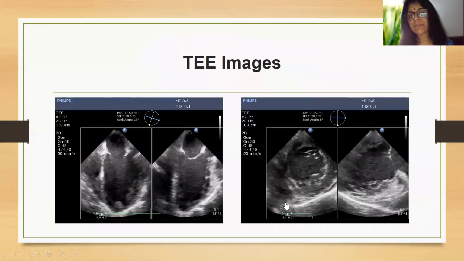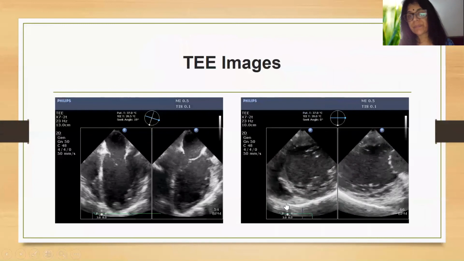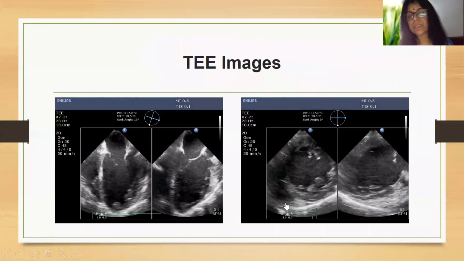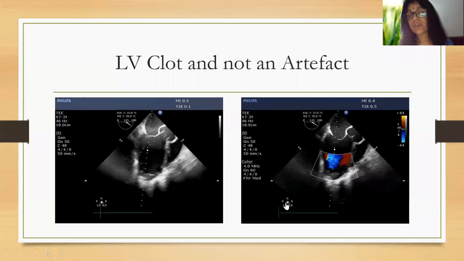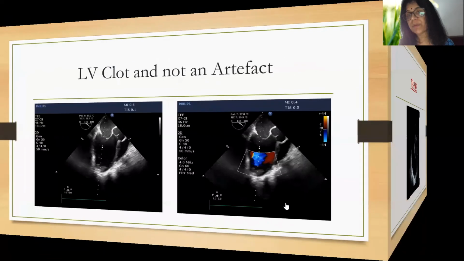TEE is done, and what do we see? In the TEE, we see there is an LV thrombus, and it is not an artifact, it is an LV clot. The surgeon refused to do a surgery, and the patient was put on a high dose of heparin and warfarin. And hopefully the patient doesn't come back again with some other complication.